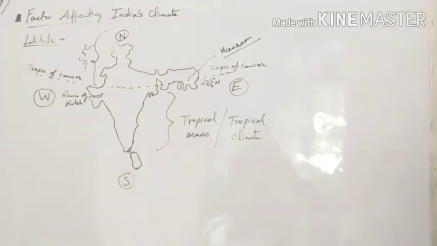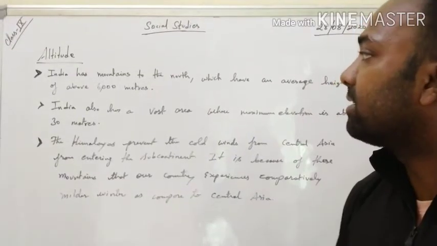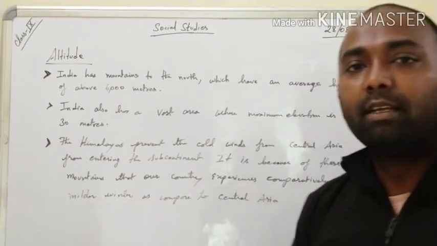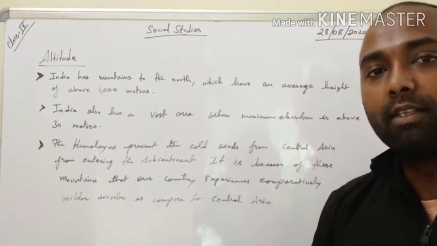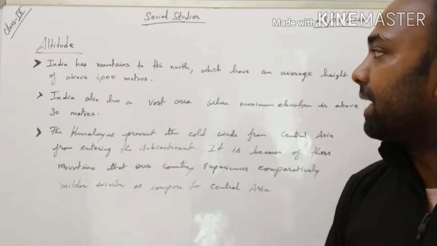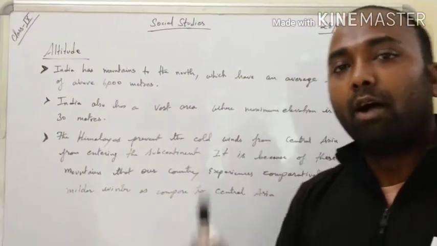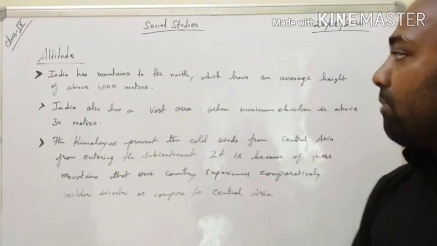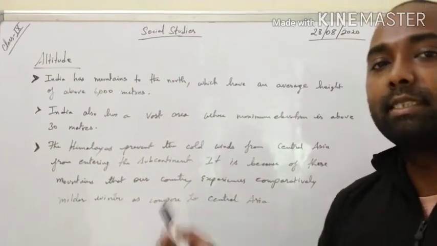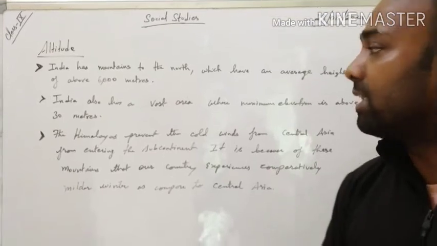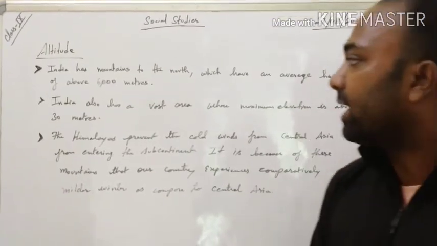Now let us understand another point. Now let us understand about altitude, and how altitude has an effect on the climate of our country. When we talk about altitude, it is related to the mountains and hills. On an average, the height of the mountains in our country is 6,000 meters.